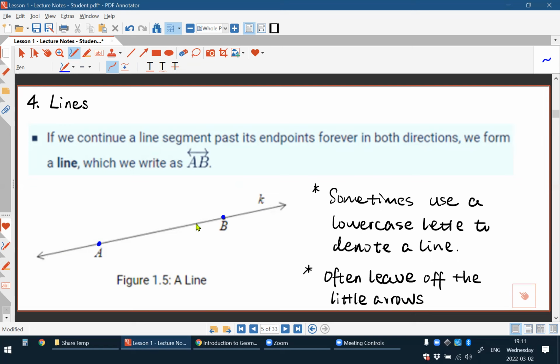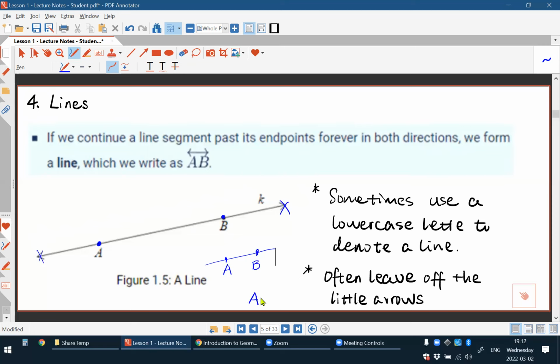And also sometimes we just leave off the little arrows here. It's not necessary to draw the 2 arrows. So if you want to draw a line, just draw a line, and then you can also specify 2 points on the line. So this is line AB.